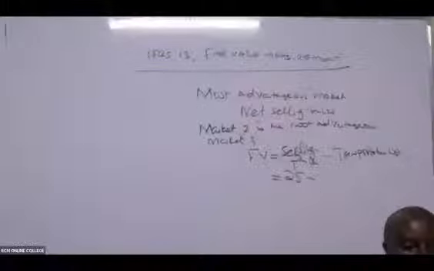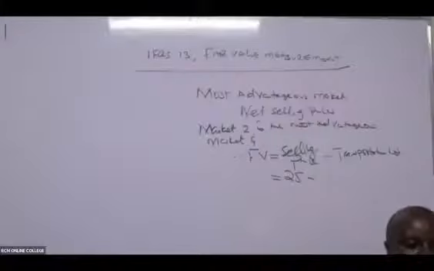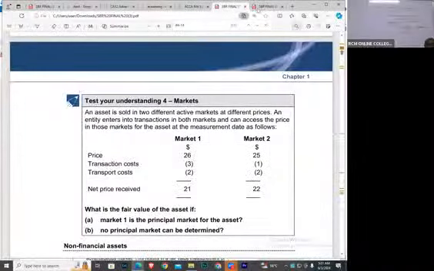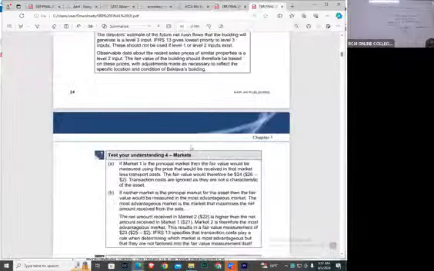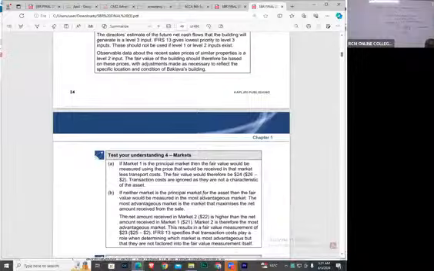For you to understand what I'm talking about, simply look at the answer. If neither market is the principal market for the asset, then the fair value would be measured in the most advantageous market. The most advantageous market is the market that maximizes the net amount received from the sale. You can see the net amount received in market 2, which is 22, is higher than in market 1, which is 21.